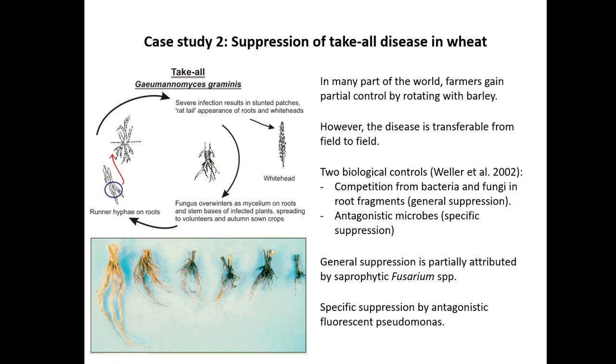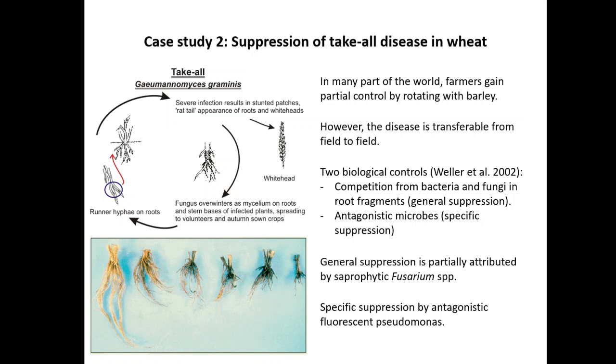There are two biological controls. Weller in 2002 suggested two biological control mechanisms that can reduce take-all severity in wheat. First is competition from bacteria and fungi in root fragments, which reduces the inoculum density of the pathogen; this is a general suppression.